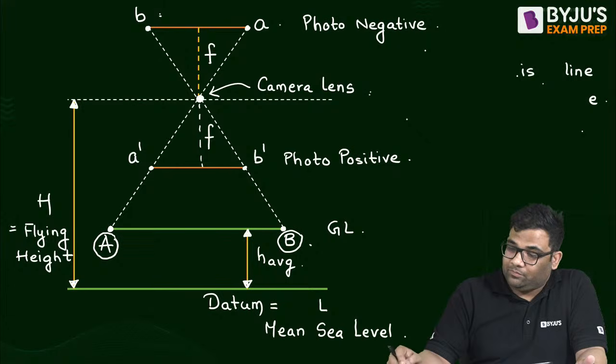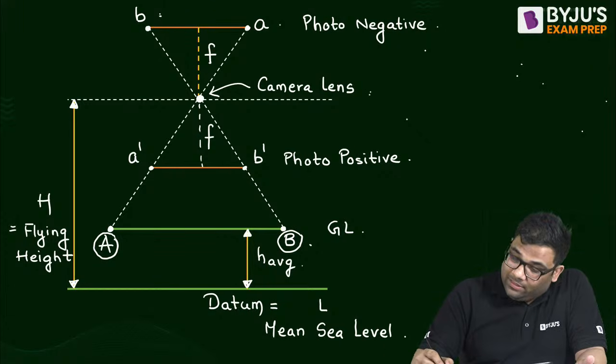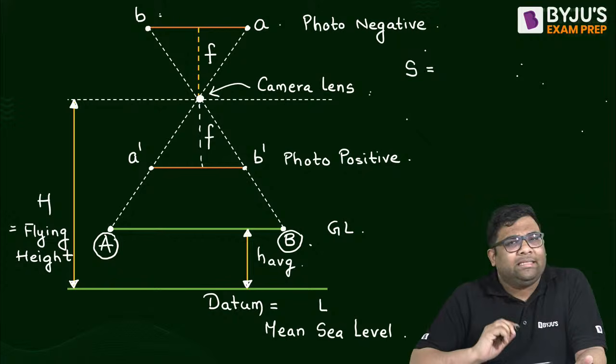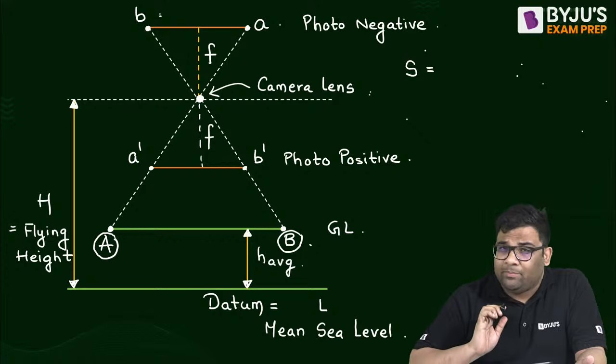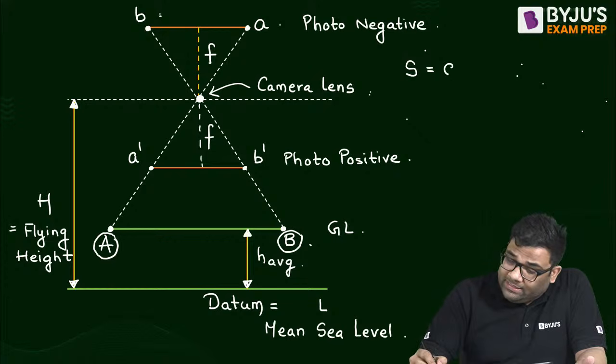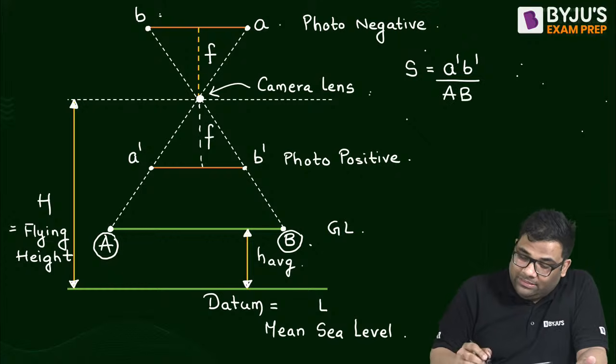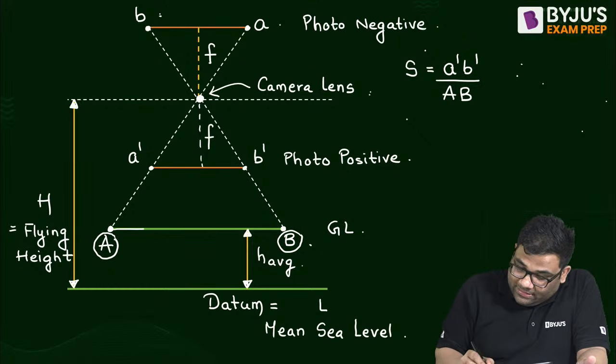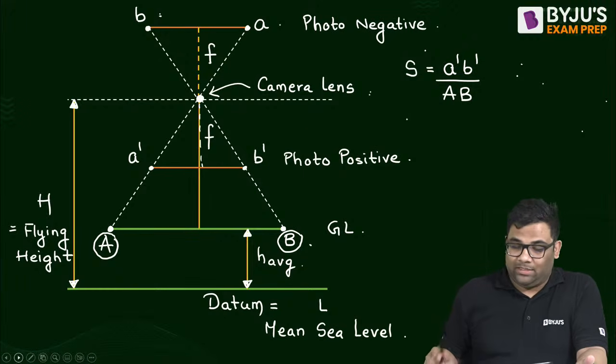Now, if I say the scale S is the photo distance by the ground distance, I can write this as A dash B dash by AB, because this is the distance in the photo and this is the distance on the ground. Now I'll draw this line.